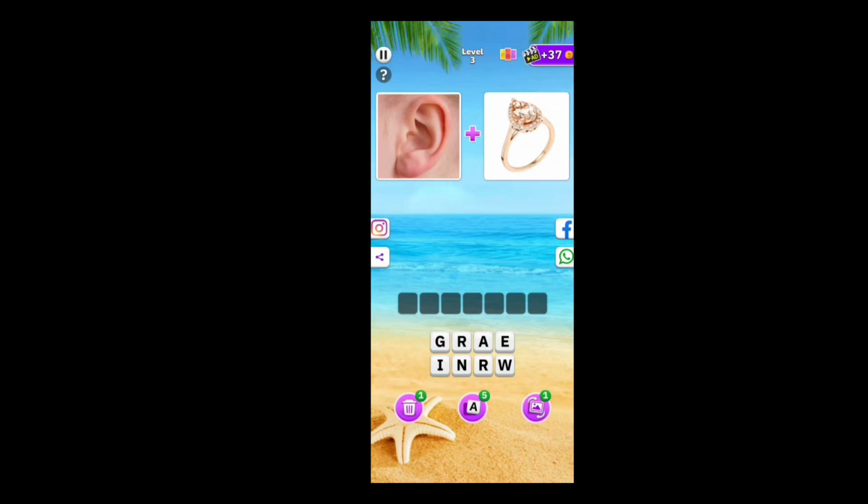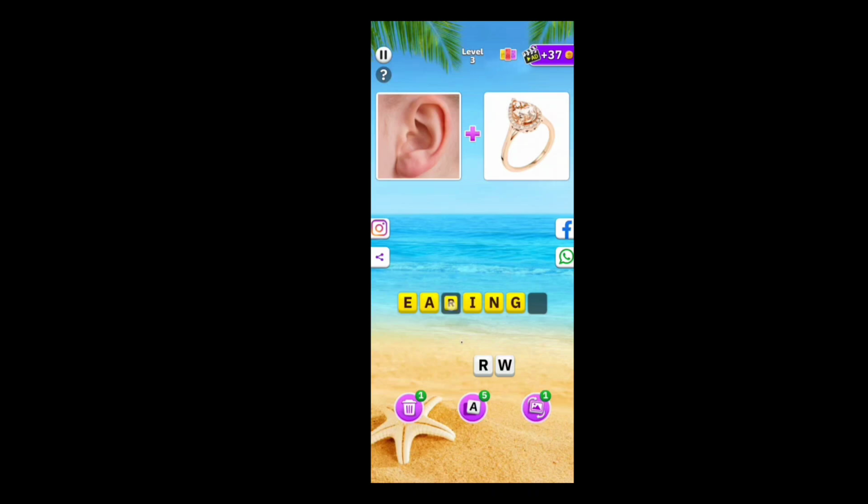You take the solution from one picture and merge it with the other picture, so we are getting information or solutions from this problem. Now here you can make the word earring. What is the spelling of earring? E, I-N-G.